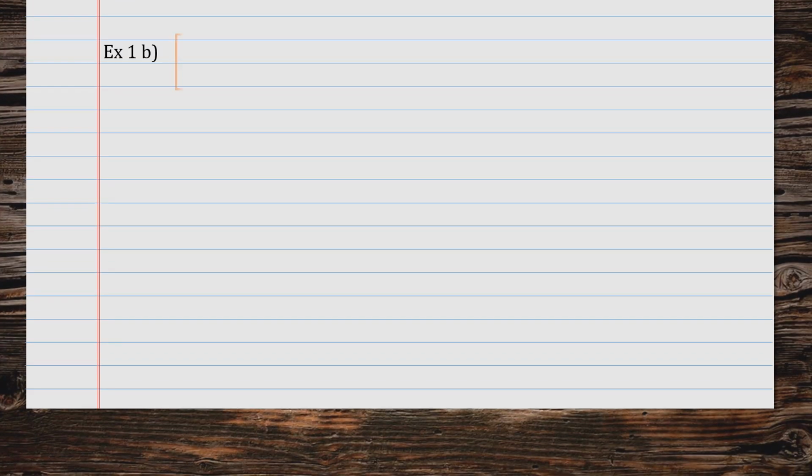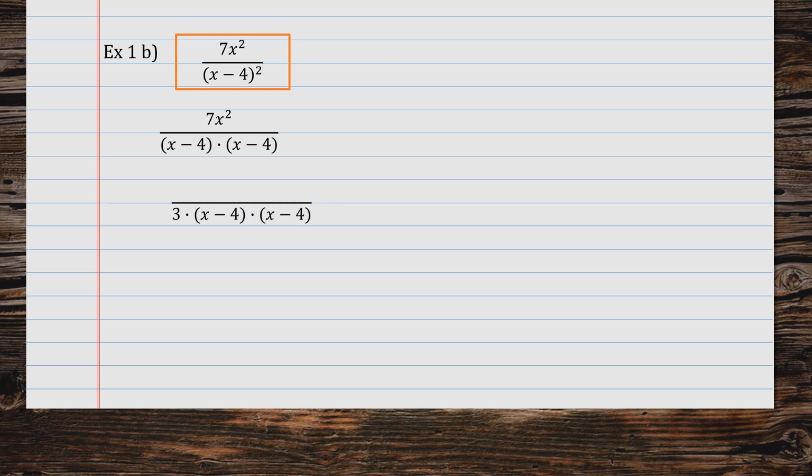Example 1b, we were given the fraction 7x squared all over x minus 4 quantity squared. If we factored the denominator, we know that's really made up of x minus 4 and x minus 4. But looking back at the problem, we found the common denominator to be 3 times x minus 4 and x minus 4. What needs to be the translator so that this fraction can speak the same language?